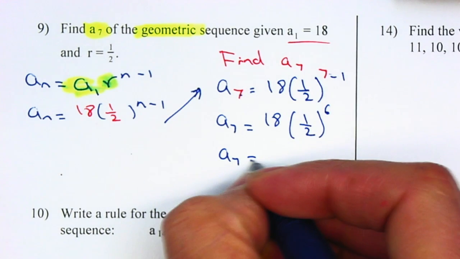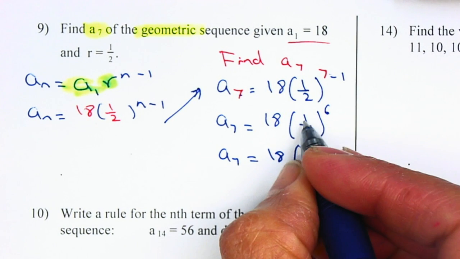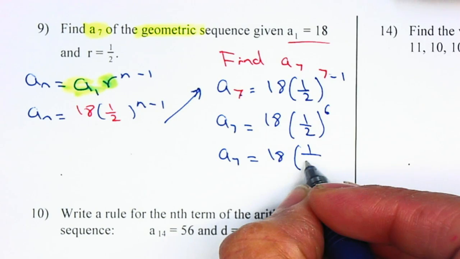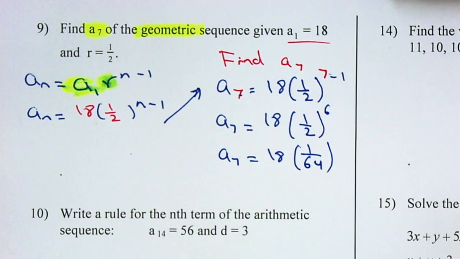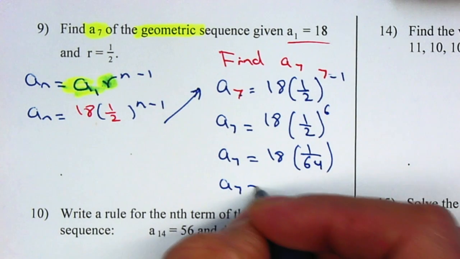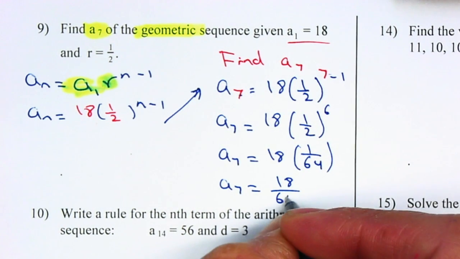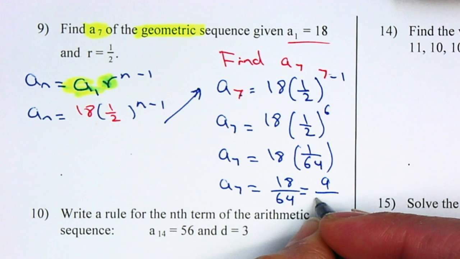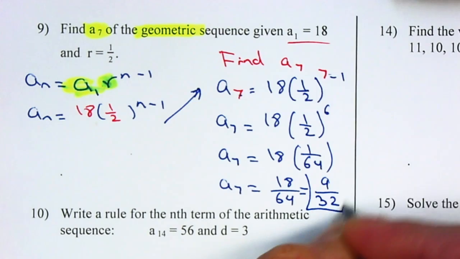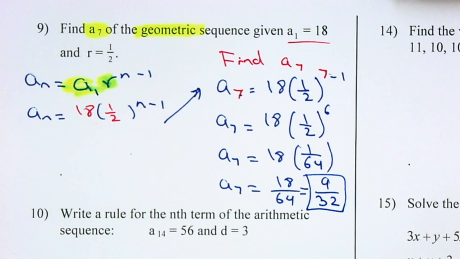If you multiply 1/2 six times, it will give you 1/64. From here, I can just simplify. A sub 7 is equal to 18/64. Reduce it by 2, so it gives me 9/32. So the 7th number will be 9/32.